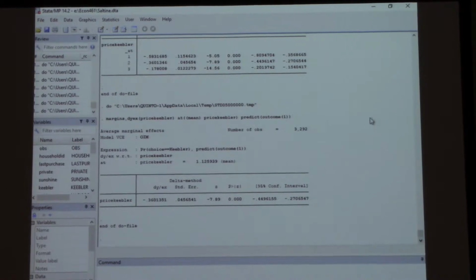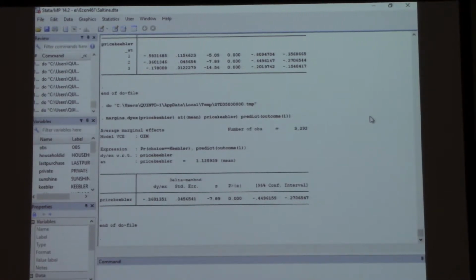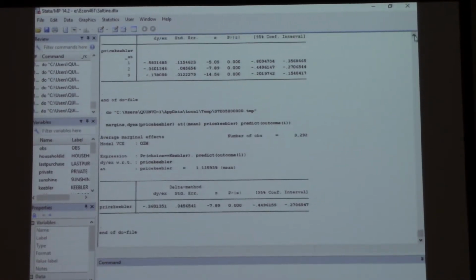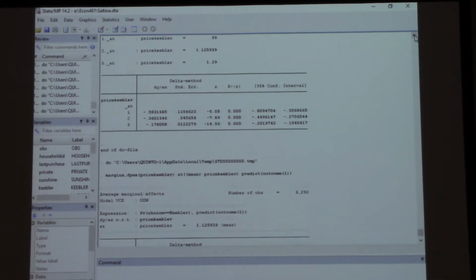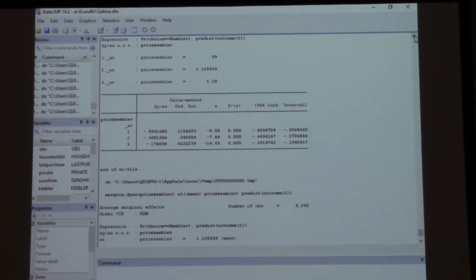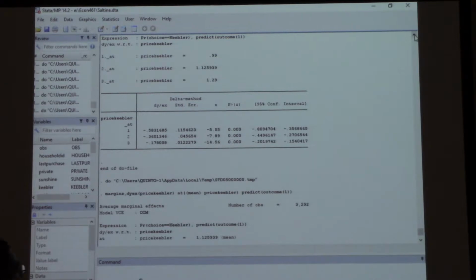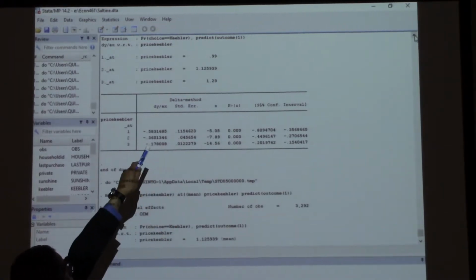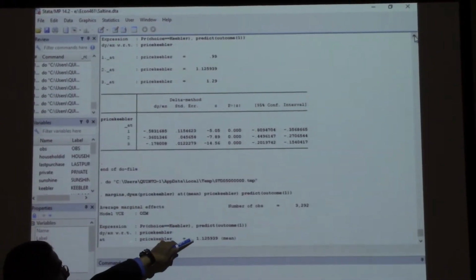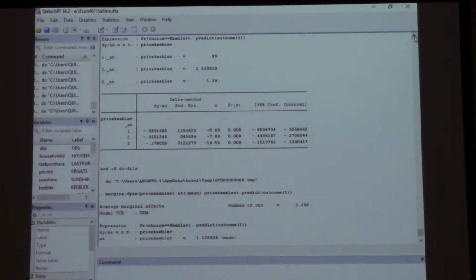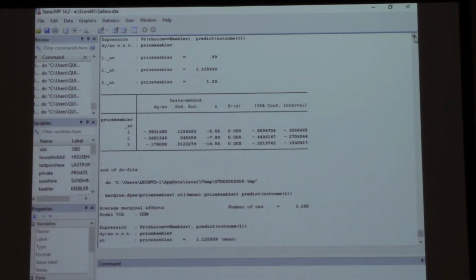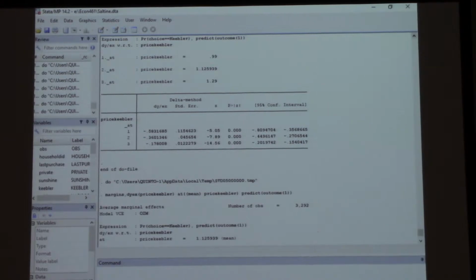And we can see that the mean price here is the same as the mean price there that we actually specified.